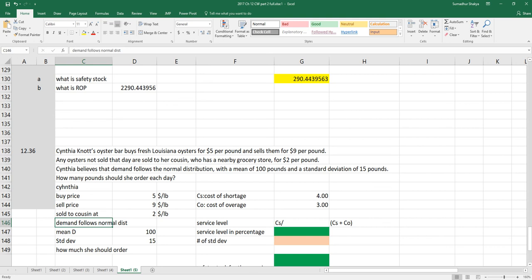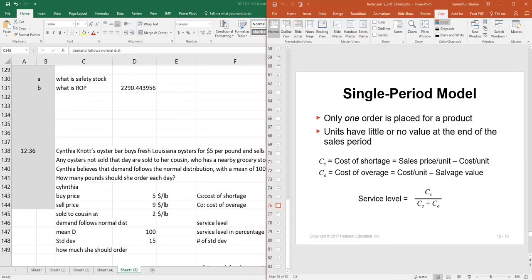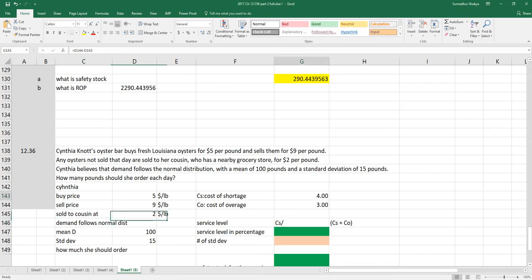Okay, anyways. So the first thing we have to calculate is the cost of shortage. If you were to be out, then it's the sales price minus the cost of purchase. So that's the cost of shortage: the sell price minus the purchase price.